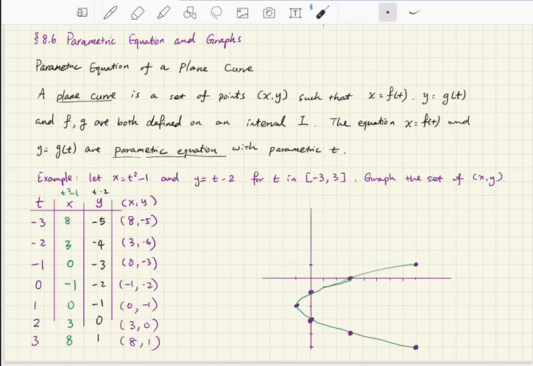And since t is moving from -3 to 3, that means the point is moving from 8, -5 to 8, 1. So besides connecting the dots, we also need to label the direction, to show that the point is moving from one direction to the other direction.